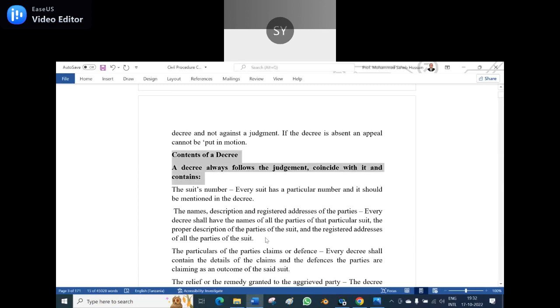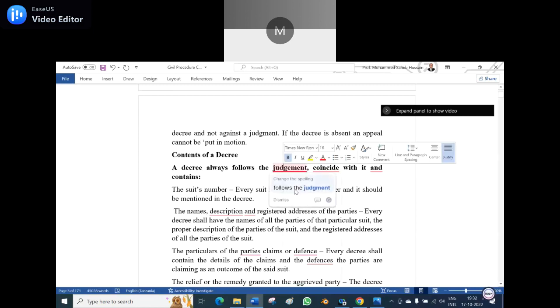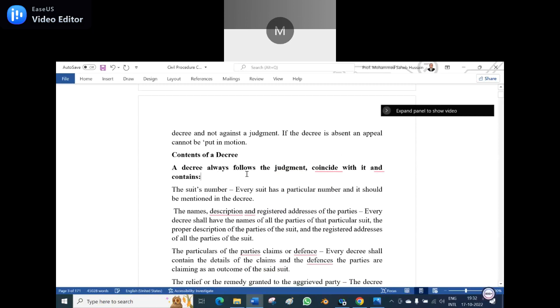So, what are the elements or ingredients or essentials or the content of a decree? A decree always follows the judgment and coincides with it and contains what? The suit's number.